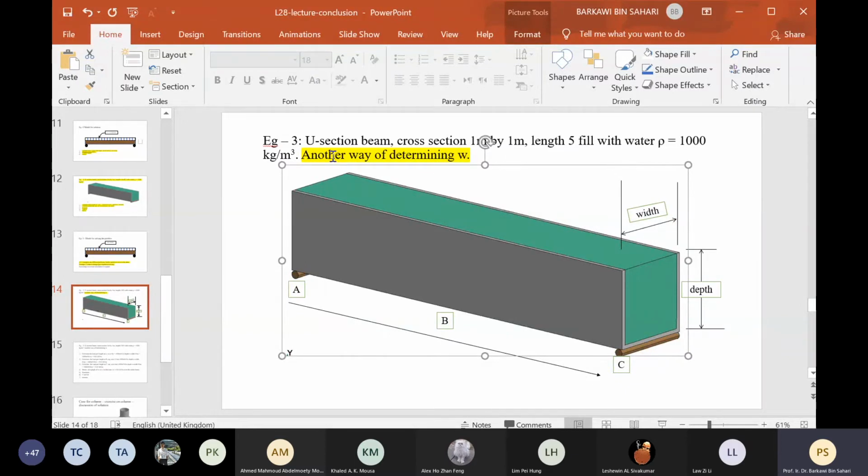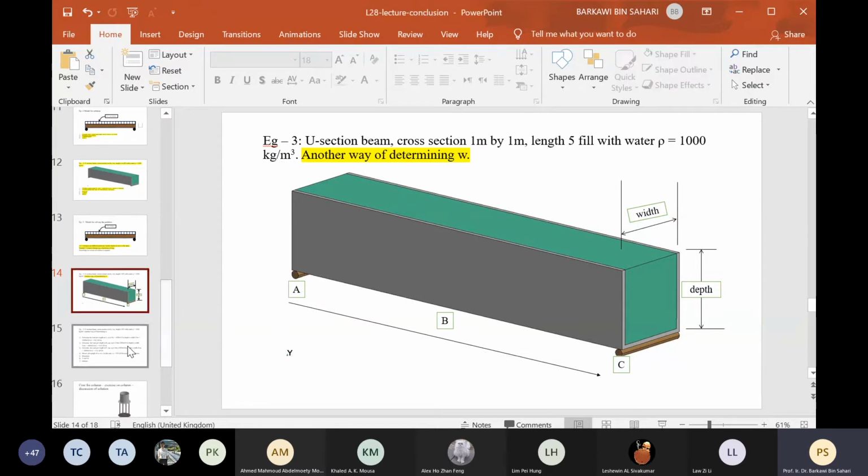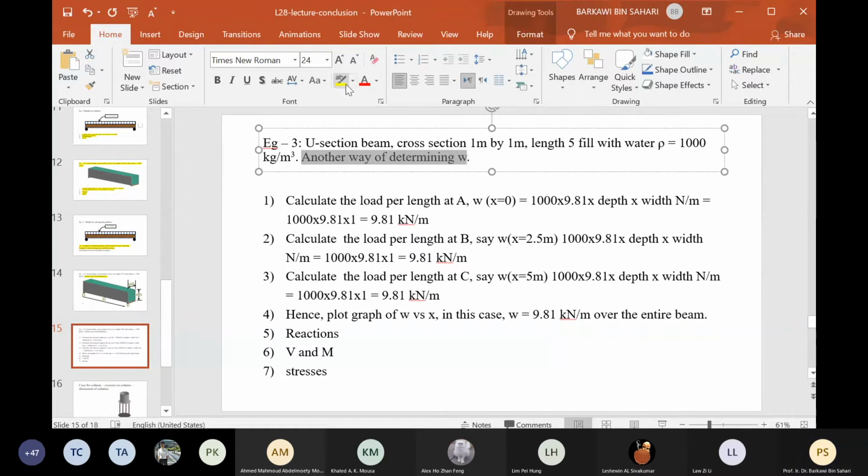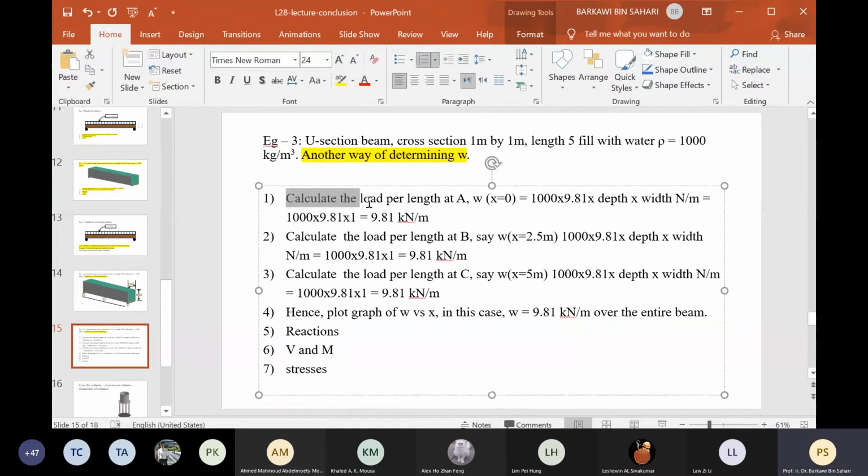Now we are looking at an alternative way, which is slightly more general, of determining the load per meter. Now, the alternative way is you calculate the load per unit length at A. In other words, at X equal to 0, which is 1000 times 9.81 times depth times width at X equal to 0 to get that Newton per meter.